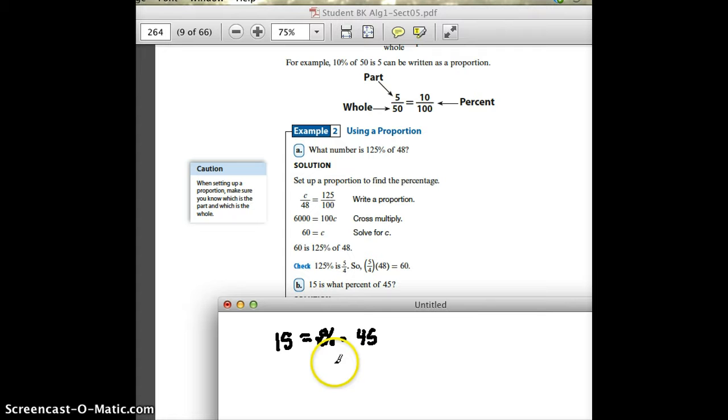Okay, well, I would divide by 45 there. If you divide that, I think that will give you, let's see, 0.33. Okay, all right, is equal to X percentage. Okay, and what percent is that? That is 33%, 33 and a third, 33.3333. That goes on forever, but it's 33 and a third percent.